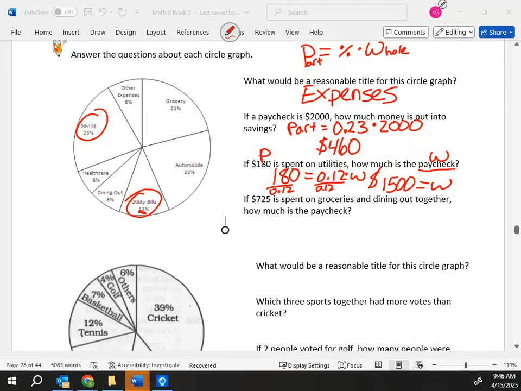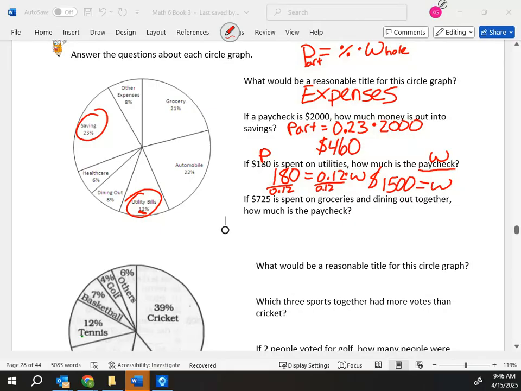So that's your checkpoint. Is your paycheck bigger than the part? So we always have to look to see what is our part, what is our whole, what is our percent, and you're going to be looking for one of those pieces. So fill in what you know and solve for what you don't.